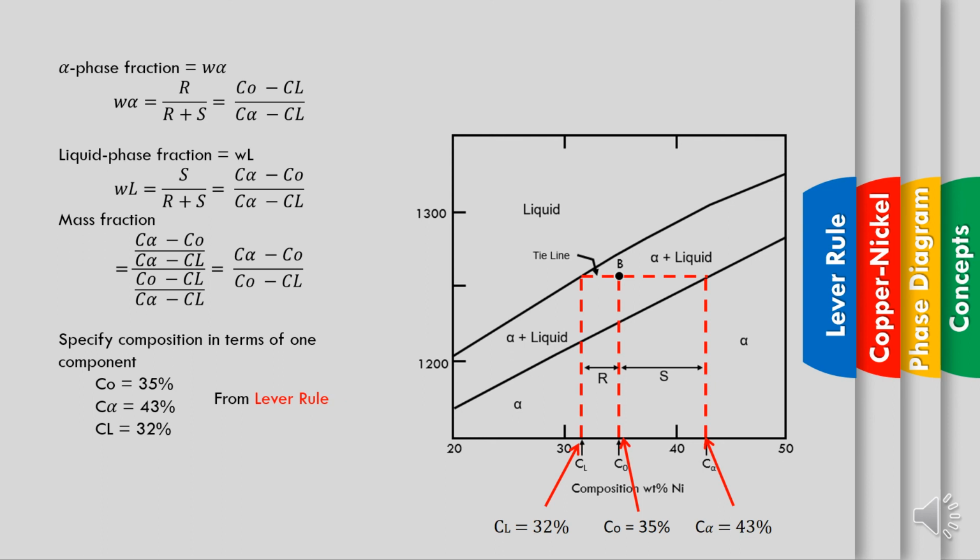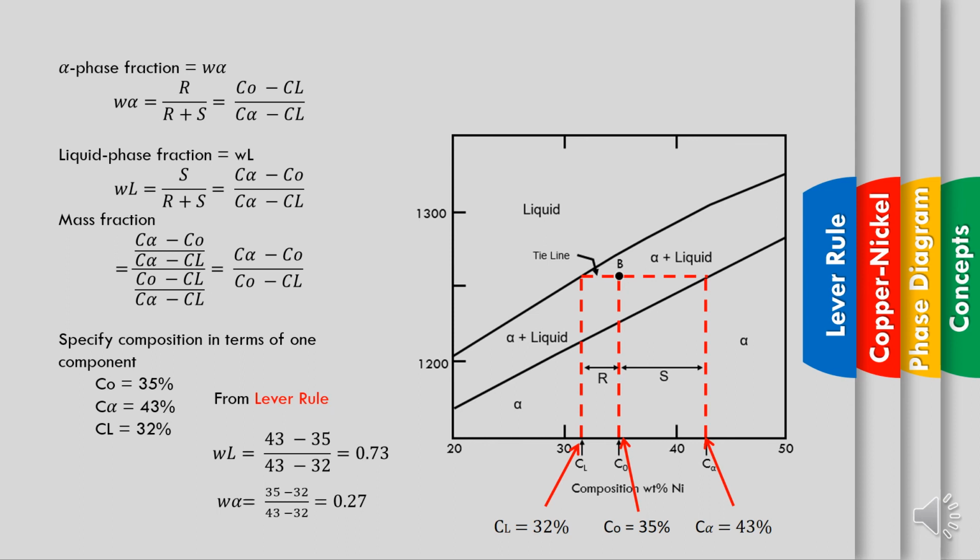So from the lever rule, WL we calculated and get a value of 0.73, and for W alpha we have 0.27. The total of these two should be 1, or in terms of percentage, WL is 73% and W alpha is 27%.